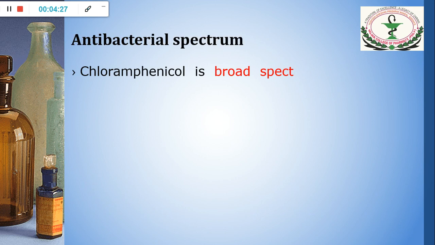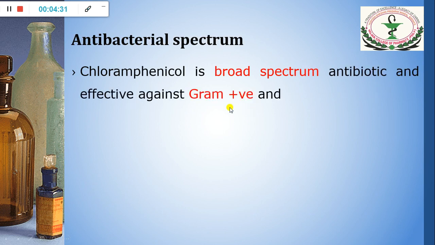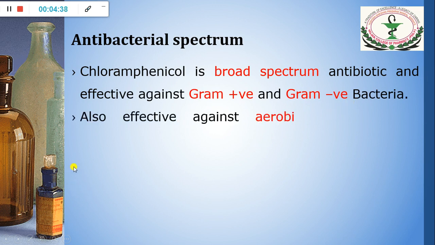Antibacterial spectrum. Chloramphenicol is a broad spectrum antibiotic and is effective against gram positive and gram negative bacteria. It is also effective against aerobic and anaerobic bacteria, meaning the bacteria which require oxygen for their growth are aerobic, and the bacteria which don't require oxygen for their growth are called anaerobic bacteria.